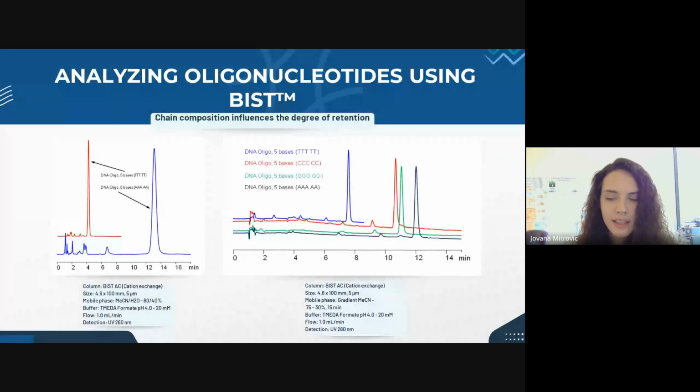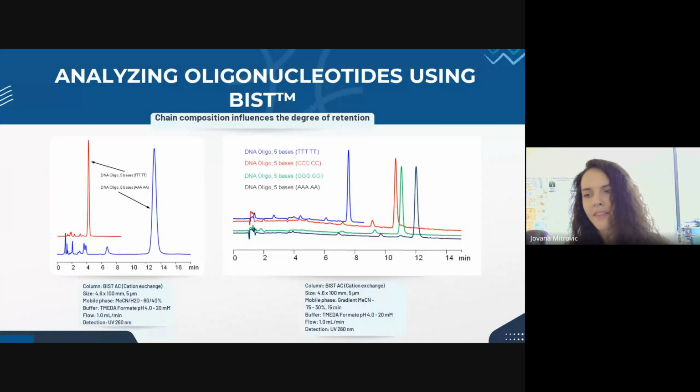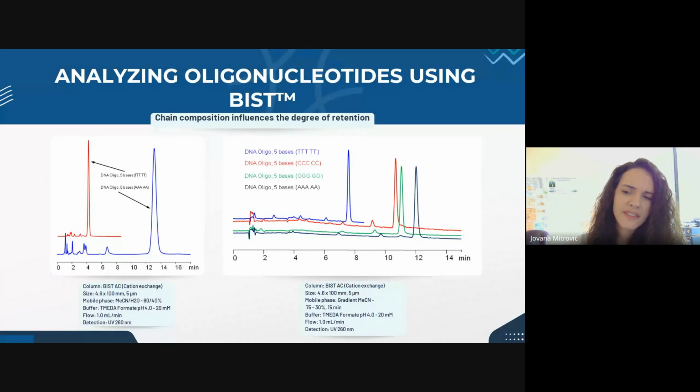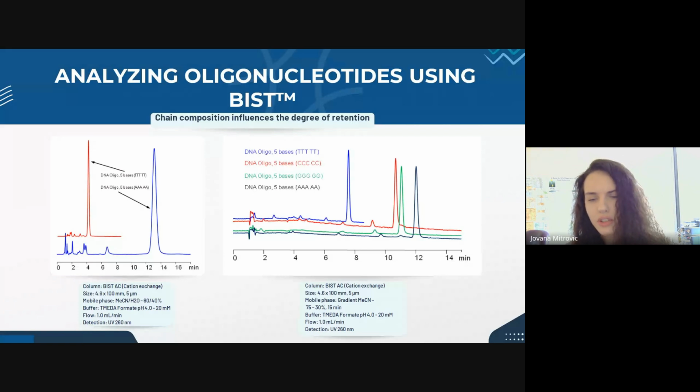So BIST is not only selective toward the number of charges, but also highly responsive to the chemical composition and functional group strength of the analyte. And this gives us a powerful tool for distinguishing oligonucleotide sequences that would otherwise be indistinguishable by size alone.